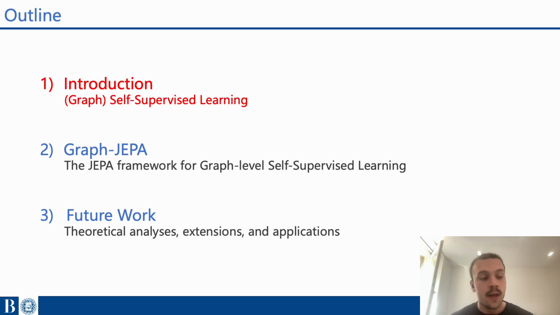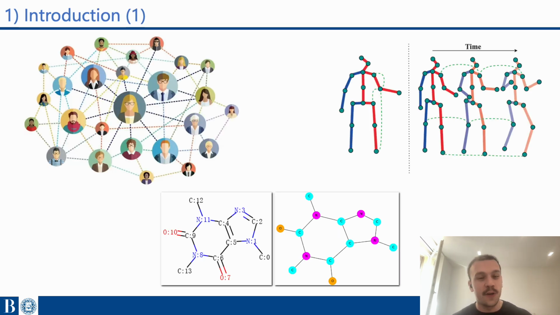So yeah. Well, as I'm pretty sure you've heard throughout the workshop, graph data is in fact ubiquitous in the real world. We see it in social networks. We see it in molecule representations. We see it in motion capture, where one might have a spatiotemporal graph. So there's a lot of different data types.